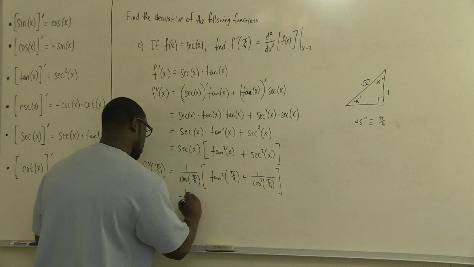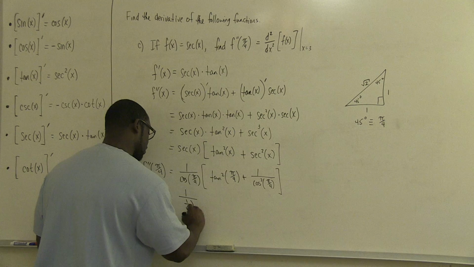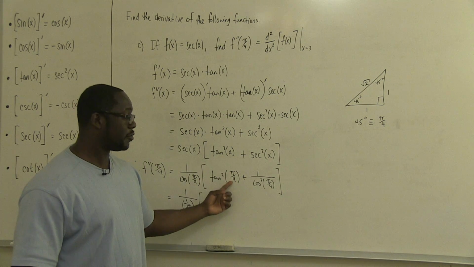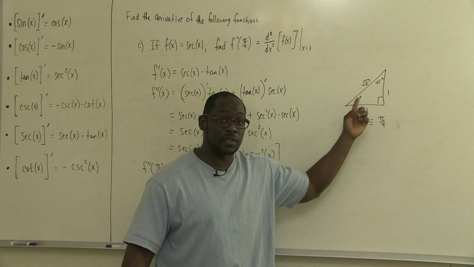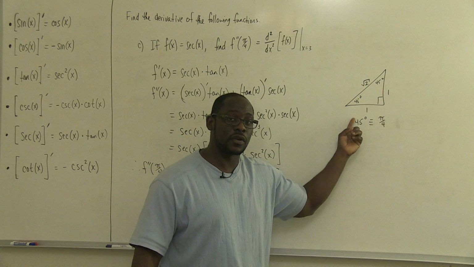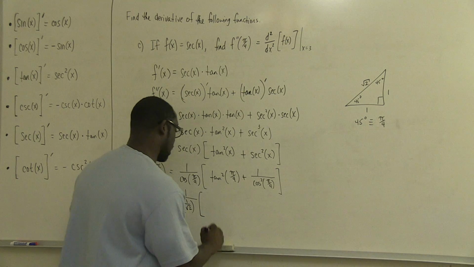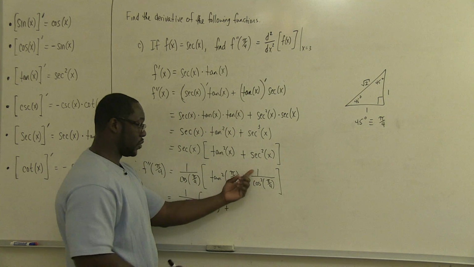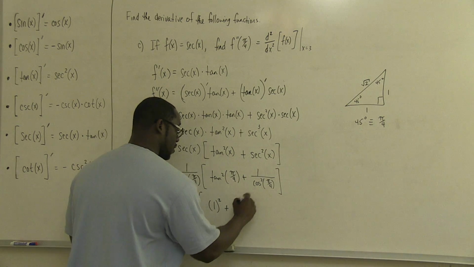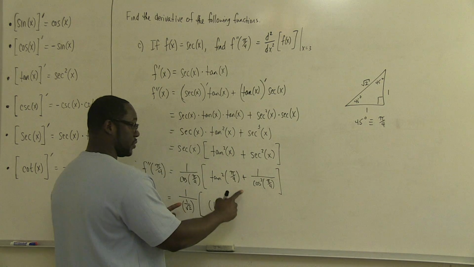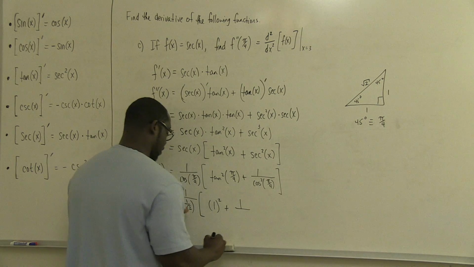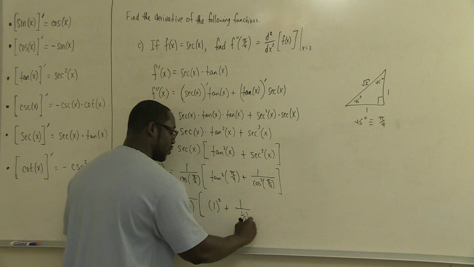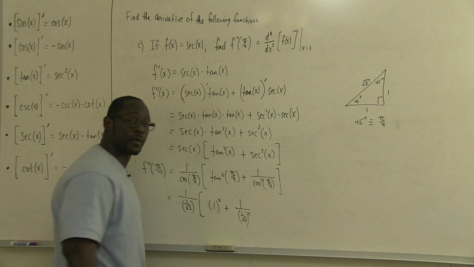So we have 1 over 1 divided by square root of 2. Here, tangent of pi over 4 is just going to be opposite over adjacent. So that's just going to be 1. So we take 1 and square it. And of course, this is the same thing as it was over here, but it's just squared now. So 1 over 1 times 1 divided by square root of 2 squared now.